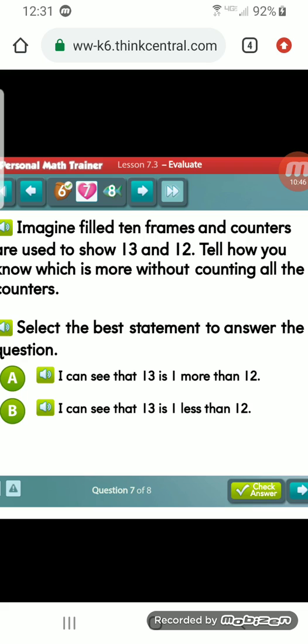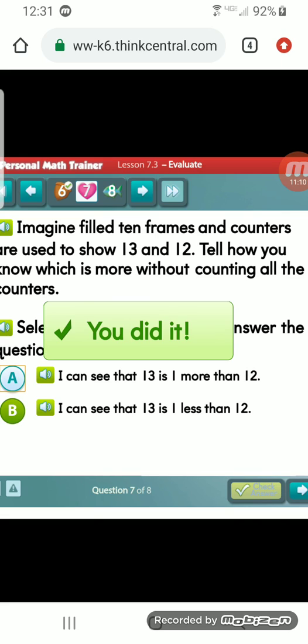Well, when I think of 12, I think of a group of 10 and 2 more. 13 is a group of 10 and 3 more. 2 is smaller than 3, so that tells me that 13 can't be less than 12. It has to be more than 12. So I'm going to pick A that says, I can see that 13 is 1 more than 12. Let's check. You did it! Good job.